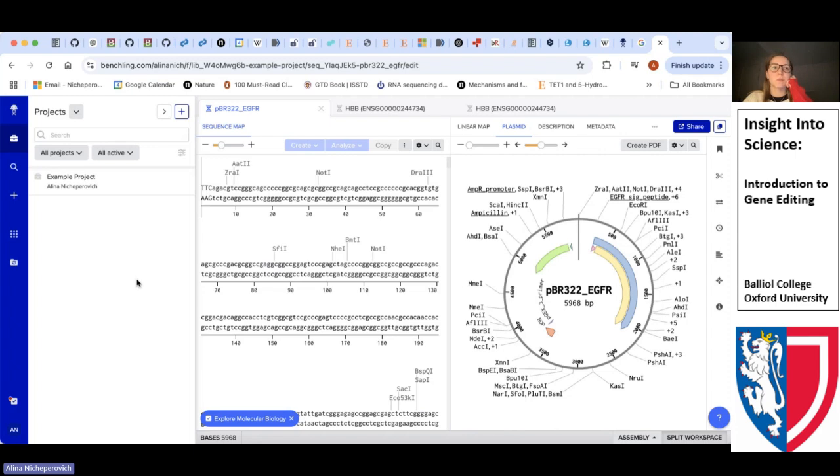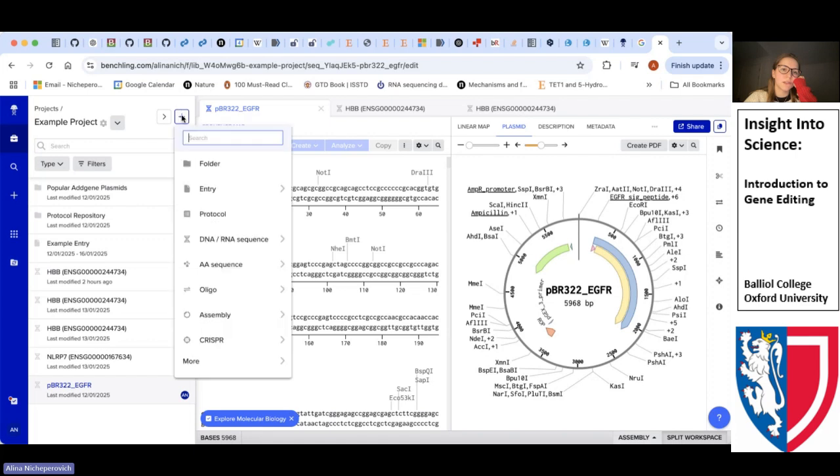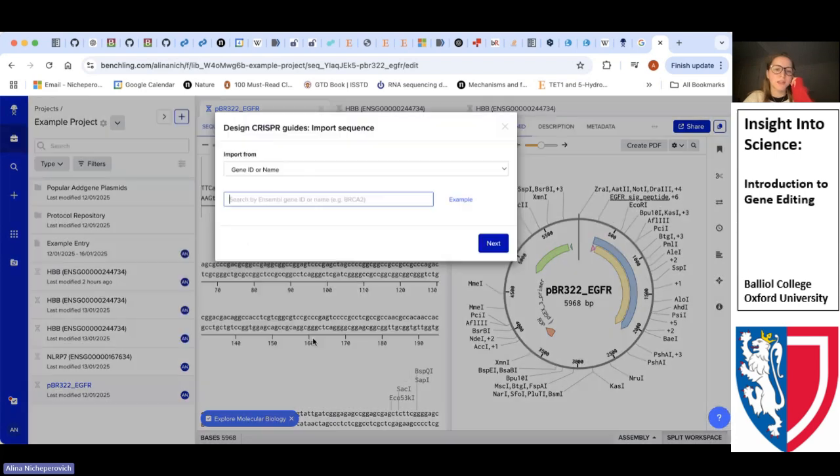But I'll just talk about the specific scenario that we're trying to look at. To do that, I just enter the folder and then create a new page for CRISPR, and more specifically CRISPR guides. Then the first thing that we need to enter is the gene that we'd like to target.